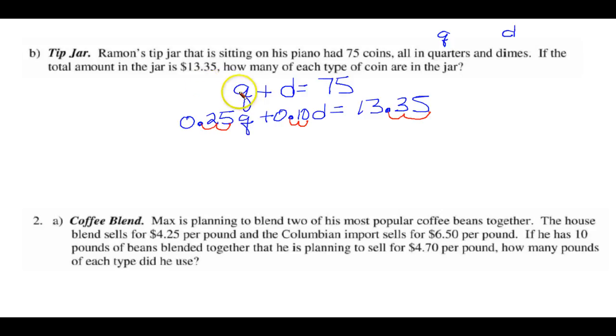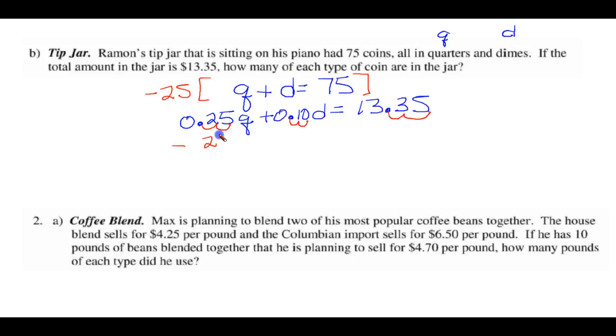Now, we could use substitution, but if you multiplied this equation by a negative 25, we'd have a negative 25q, a positive 25q. These would cancel out. In fact, let's do this one. So negative 25, I'll put it right under here.